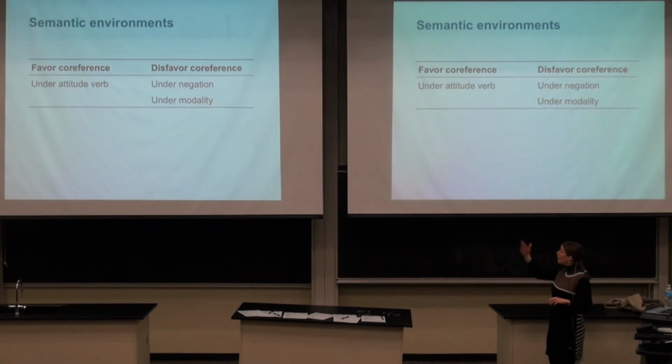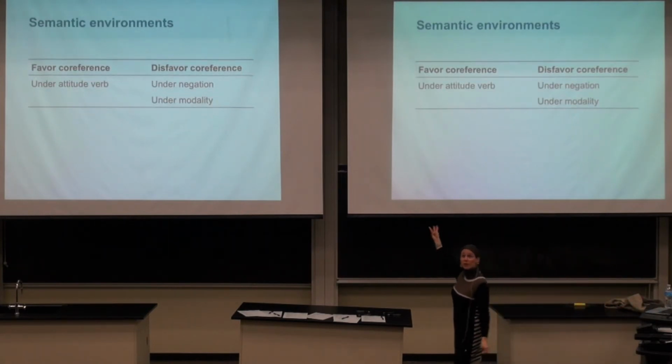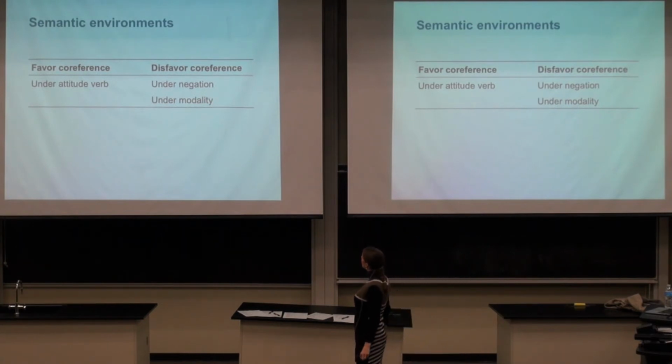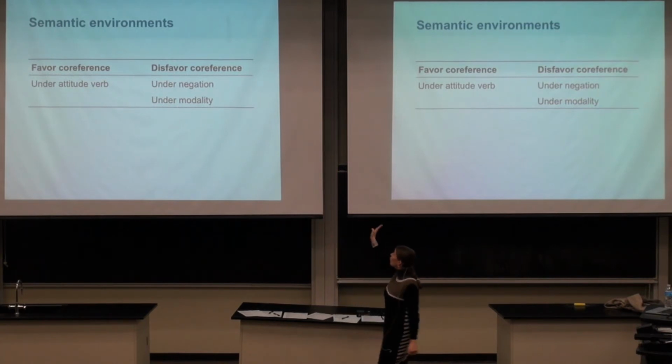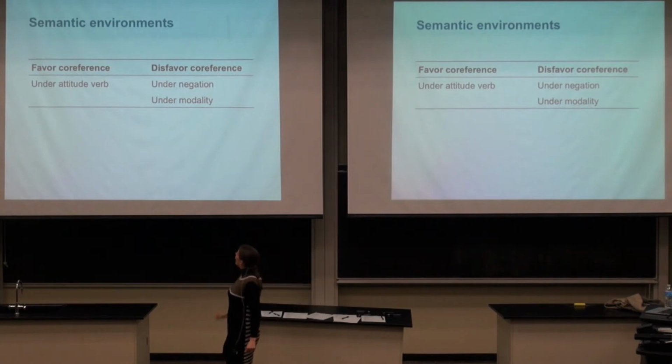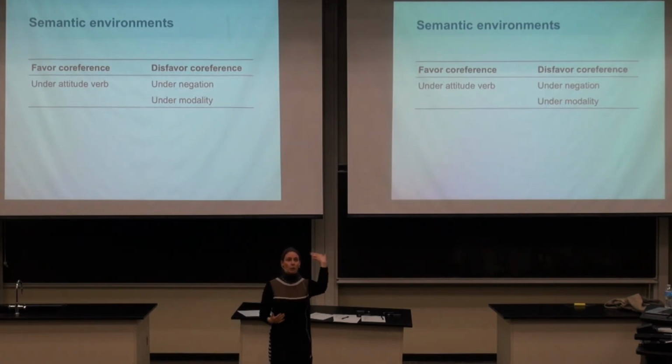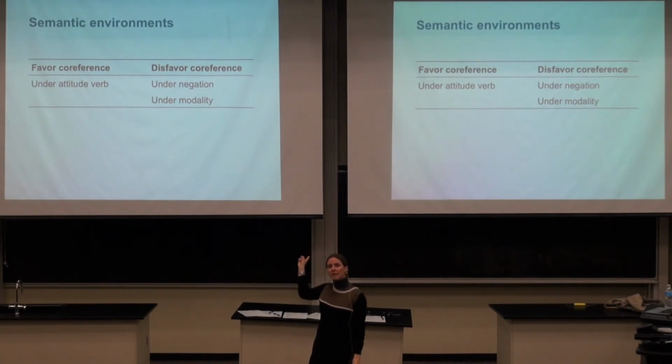What we were really interested in is to see what's happening with those semantic environments. And this is exactly what Karttunen was predicting. If you have a mention under negation or under modality, often they disfavor coreference. If you have something under an attitude verb, then in general you favor coreference. I think this is due to the genre of the corpus.